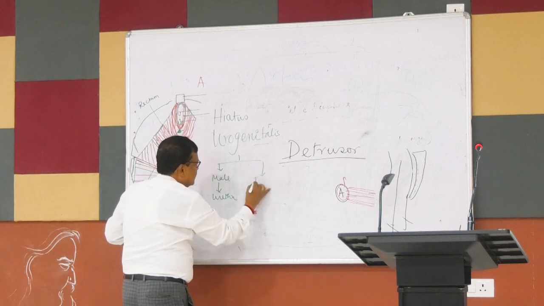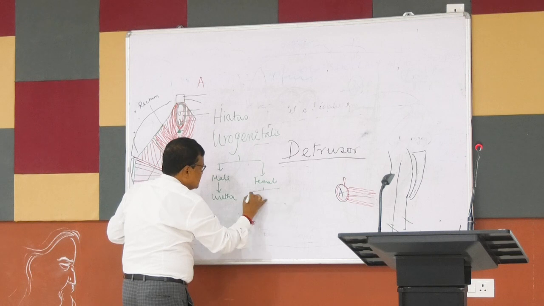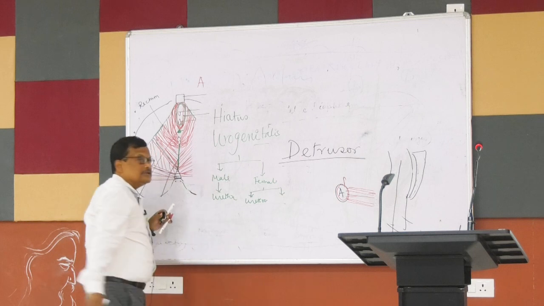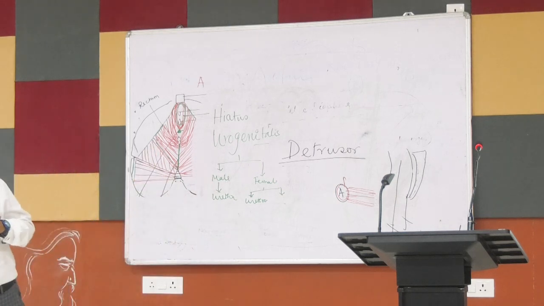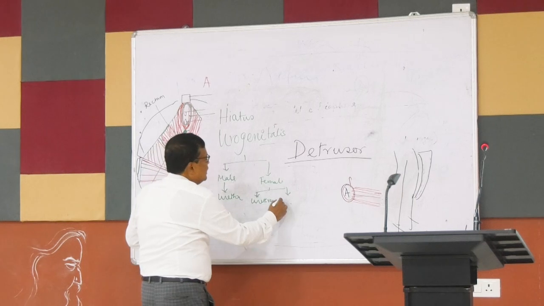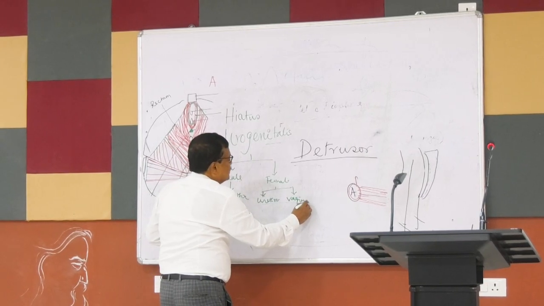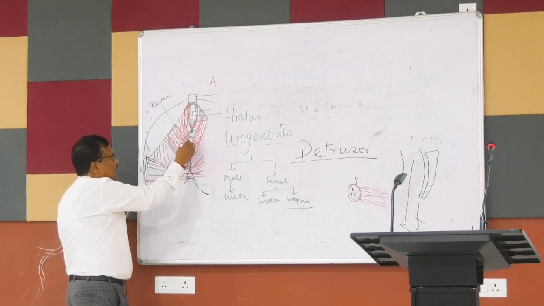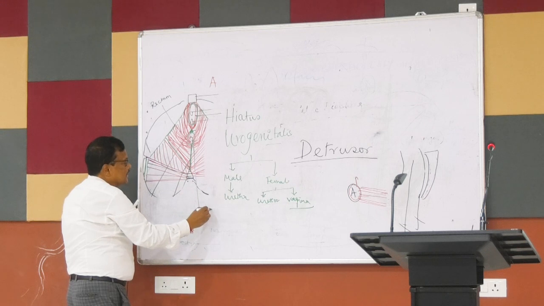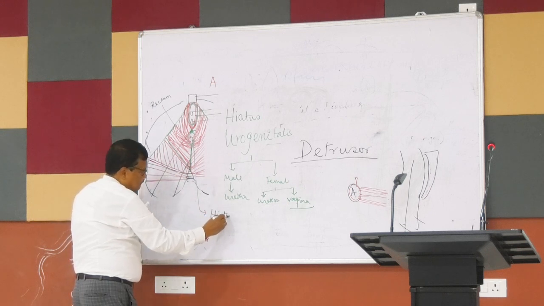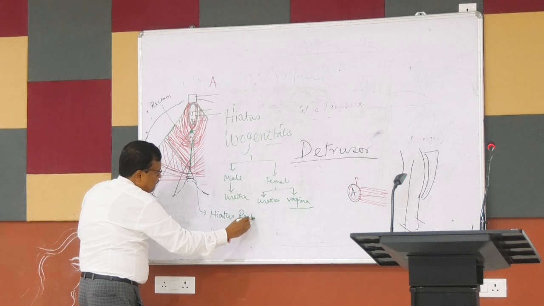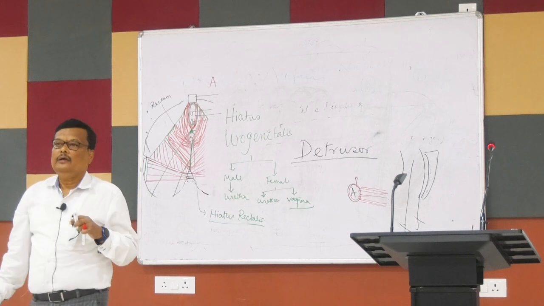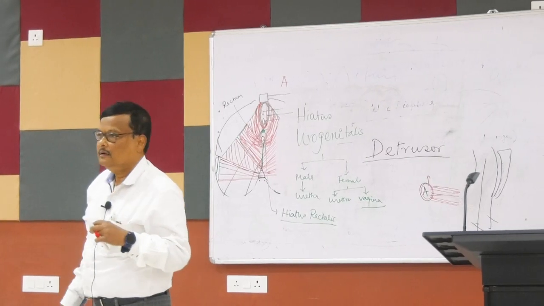In case of a female, urethra plus vagina pass through this. এটাকে বলা হয় hiatus urogenitalis। আর নেক্সট এই একটা hiatus আছে, hiatus rectalis, ওখান দিয়ে পাস করে rectum and anal canal.